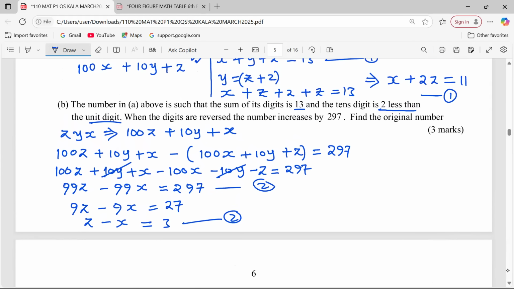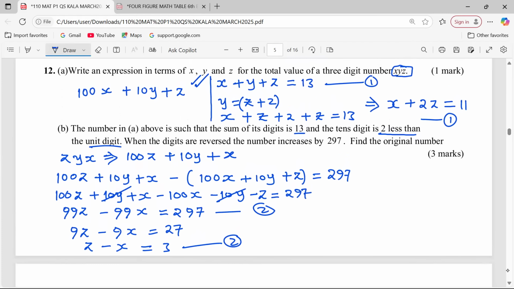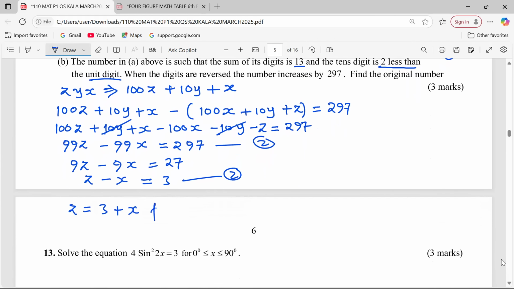Second equation simplified. So this equation is in terms of X and Z. The first one is also in terms of X and Z. So from equation 2, what is the value of Z? 3 plus X. This is from equation 2.